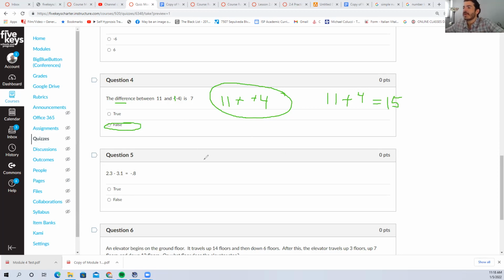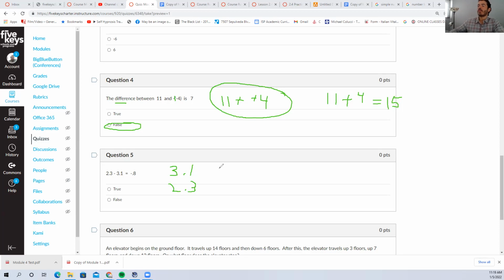2.3 minus 3.1. Oh man, well, we can't use our particle counting. Well, we could, but it gets a little bit complicated because of the decimal and they're not whole numbers.